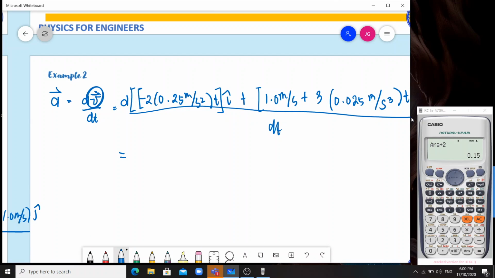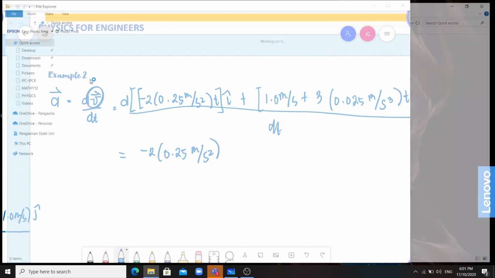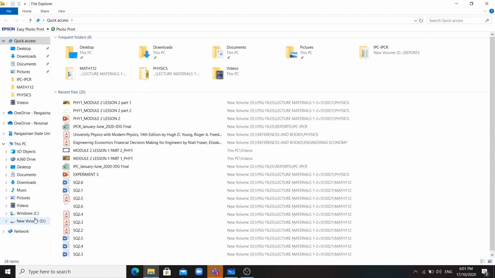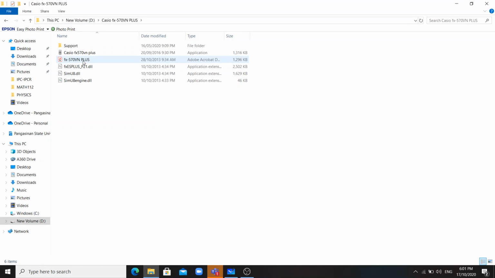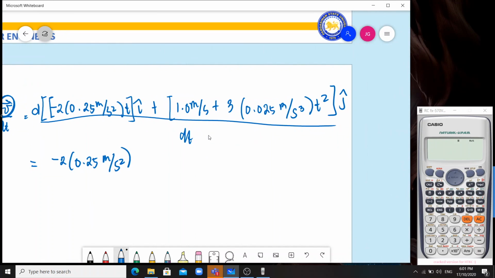So, ito malamang magiging negative 2 times 0.25 meter per second squared na lang. Let's get the calculator again. And then plus, pag dinerive to, magiging 0 na to.